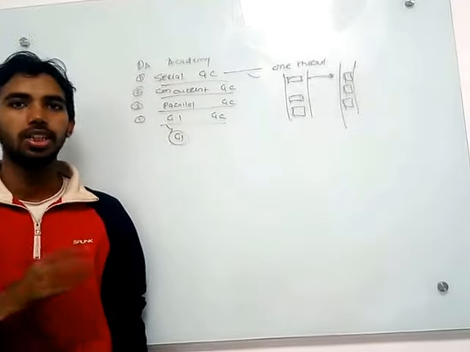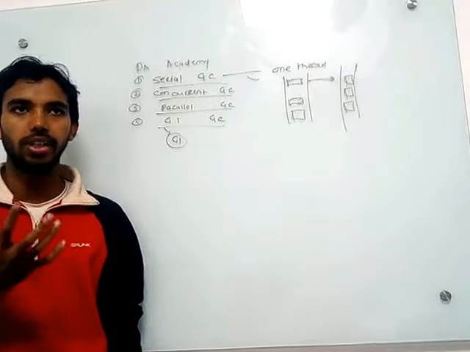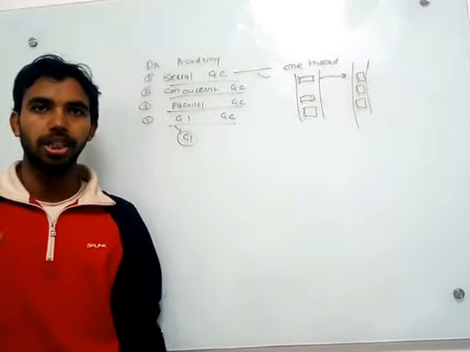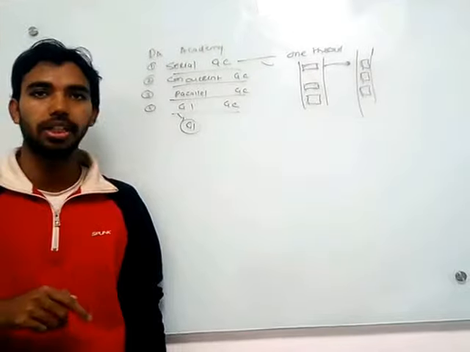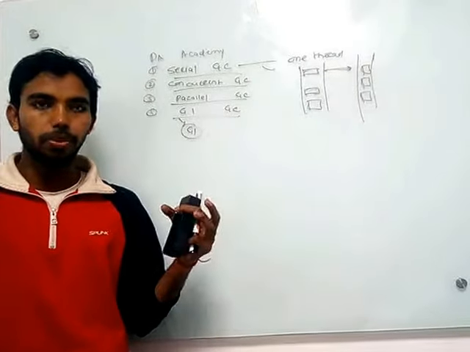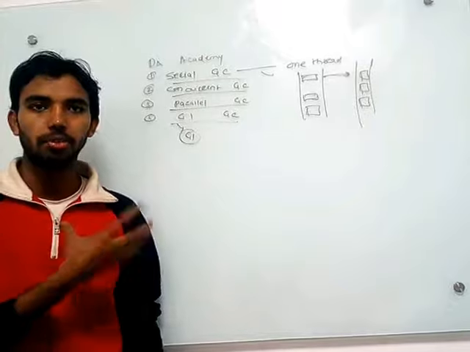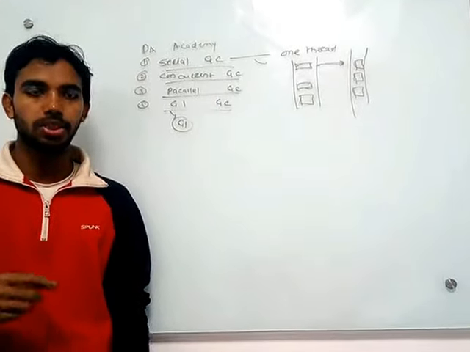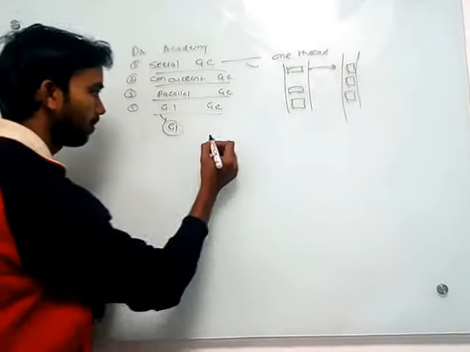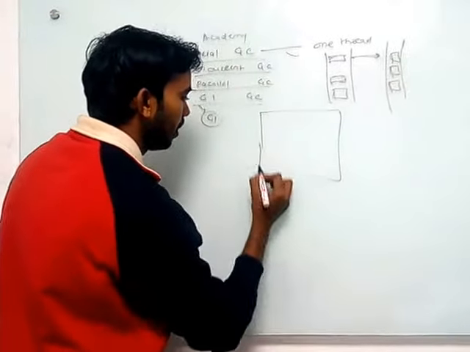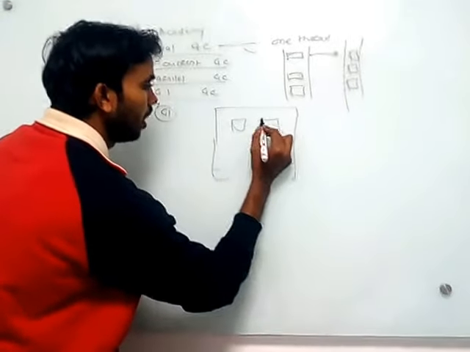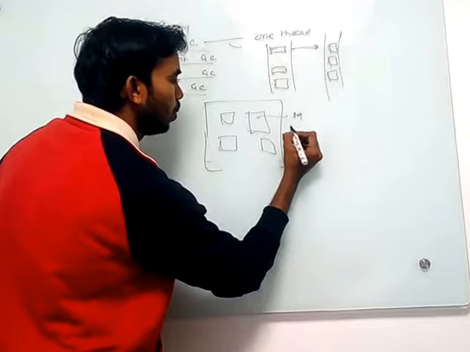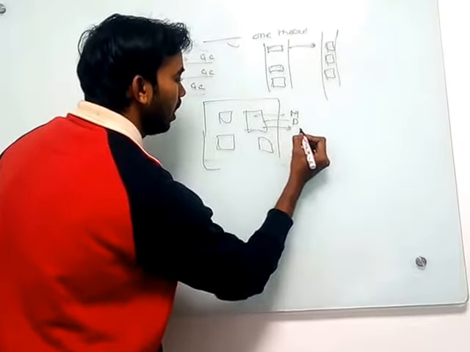But in G1 collection, the heap memory is partitioned into small parts, and these three phases happen within them. So instead of doing it in one whole generation, we are doing it per partition, which increases performance. If you have heap memory, it will be divided into small parts, and there you will do mark, delete and compacting.